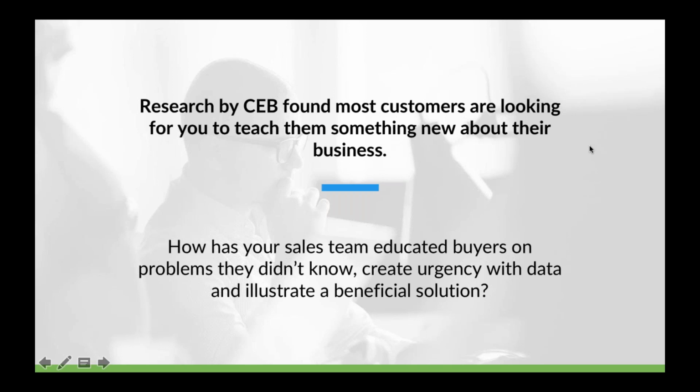To give you a real life example, a few months ago, one of the sales reps in my team read an article on LinkedIn, posted by one of the prospects he was following through Sales Navigator. It was about an upcoming acquisition of the company.